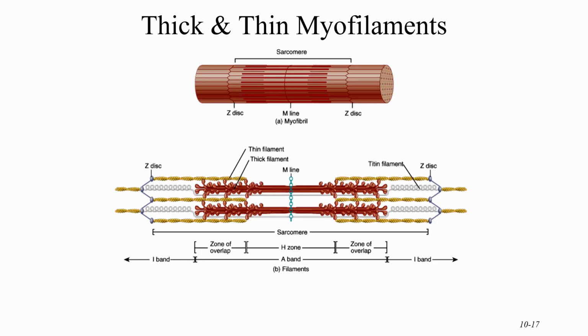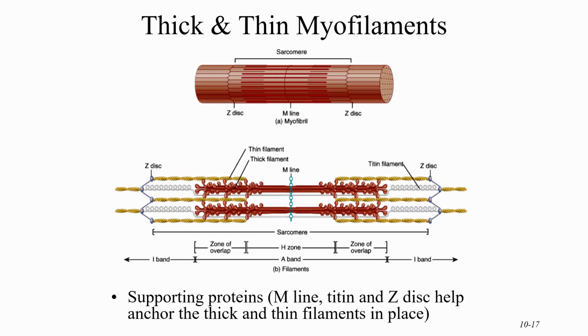Now, looking at thick and thin filaments, we have the supporting proteins, which are the M line, titin filament, and also the Z disc, and that helps to anchor the thick and thin filaments in place. The thick filaments are right here, and this is going to be made up of your myosin, and these little thin filaments here are going to be made up of what we call actin.